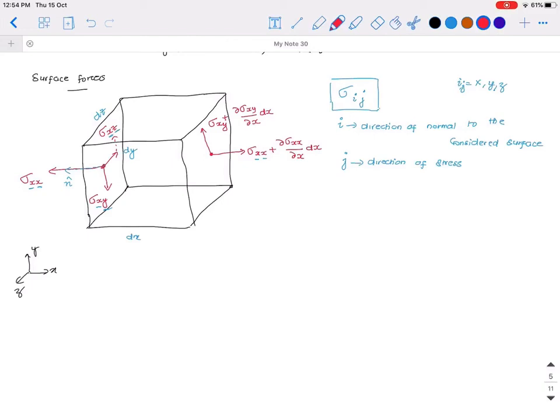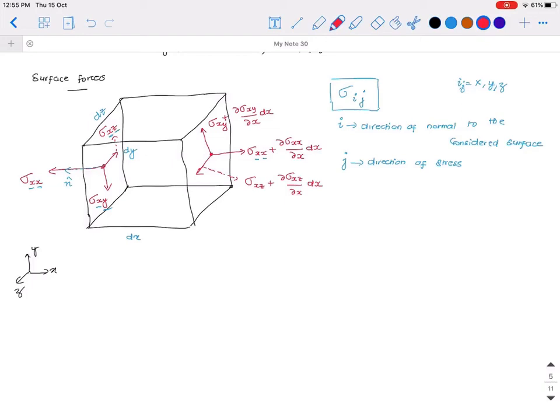Okay, so similarly we write this quantity, which is sigma xz plus dou sigma xz by dou x dx.